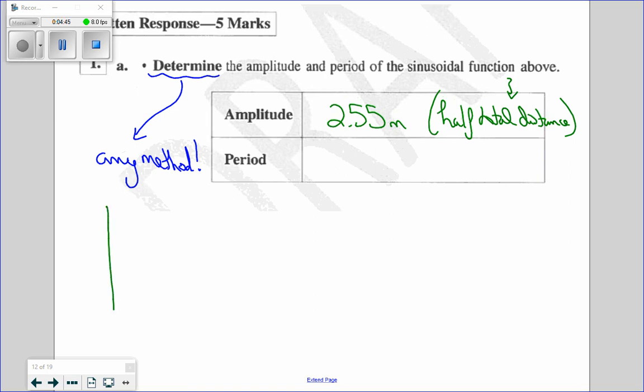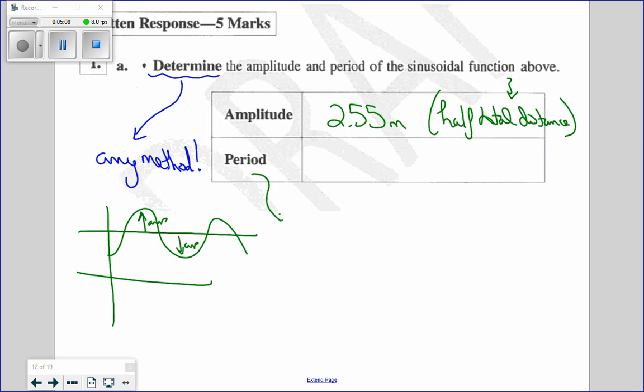You could even take your little wave, you could go like this, and you could write amplitude. So even if you had no idea how to find it, or if you weren't sure if you'd found it properly, you can draw a picture to say, hey, I don't know how to find it. I'm not sure if I've done this right. And you can draw what you know.